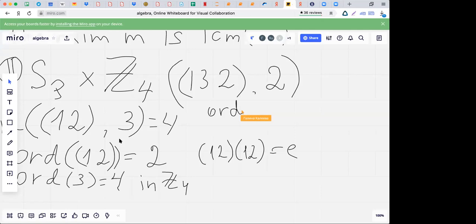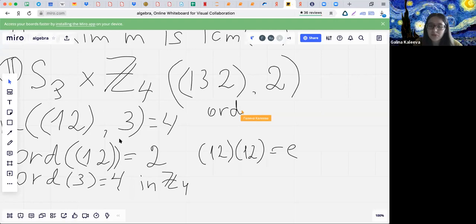Then the order of a 3-cycle is 3, because it should be the length of the cycle. Why? Look here, how many times should I apply this cycle to some number to map it to itself?